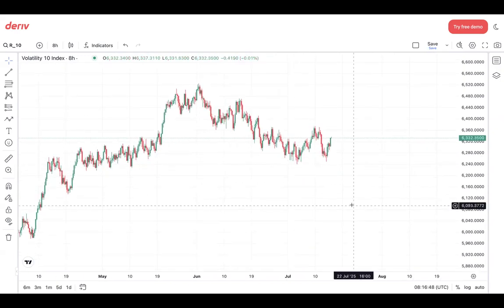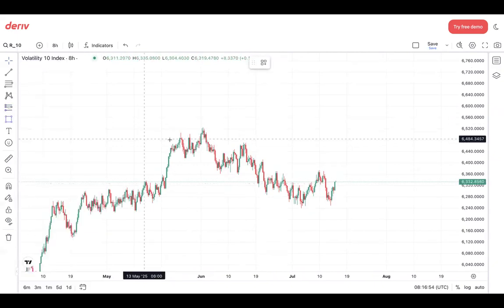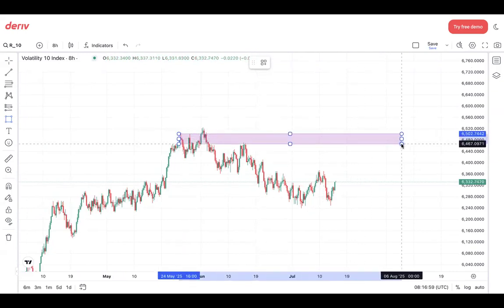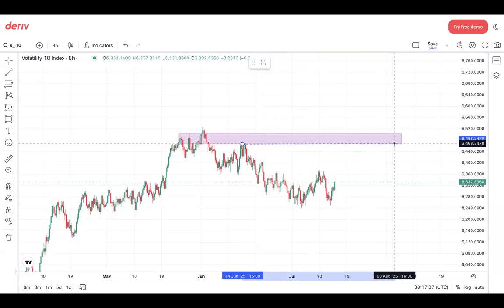For me, I feel volatility 10 index looks more like a structural zone, and I'm going to tell you guys why. Firstly, I'm going to mark out this area that is here, which is a high and a sweep of the high. The market created this zone that is here, which invalidates a lot.